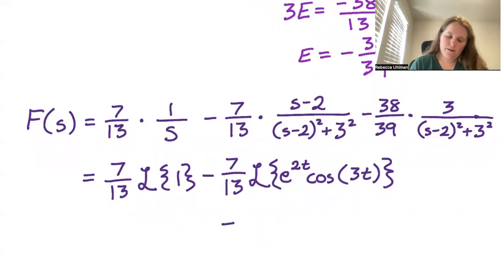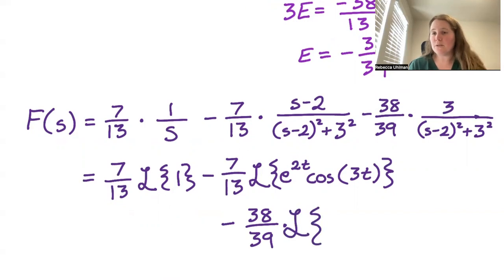Then we have minus 38/39 times the Laplace transform of 3 over s minus 2 squared plus 3 squared. That's our e to the lambda t sine of omega t. So we are looking at the Laplace transform of e to the 2t sine of 3t.